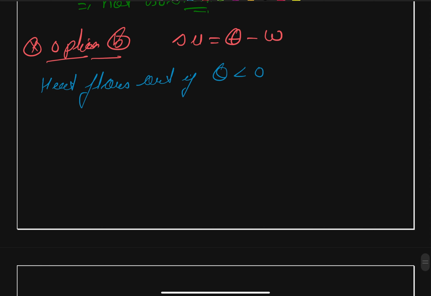So let's calculate the internal energy. We know that delta U is equal to n C_V delta T. So let us calculate the temperature.